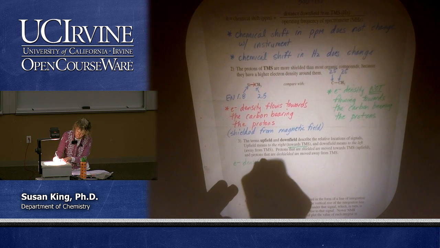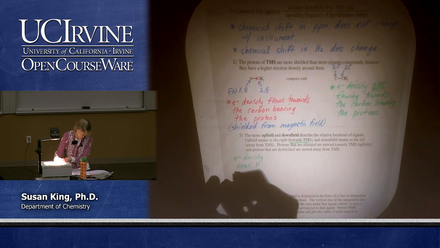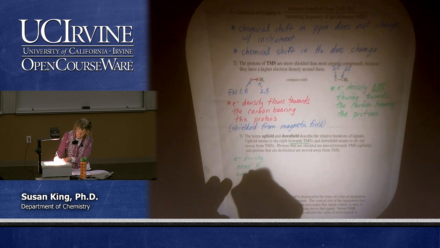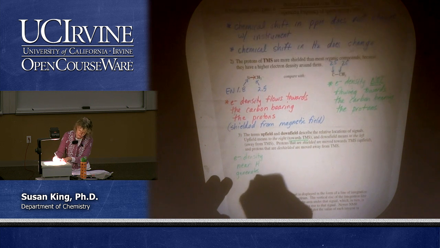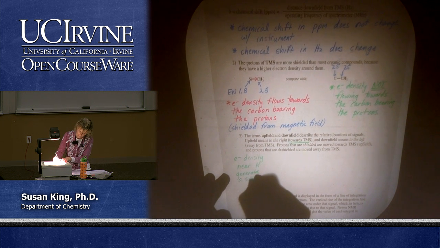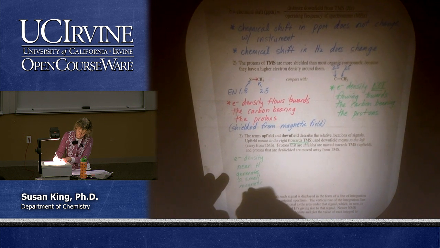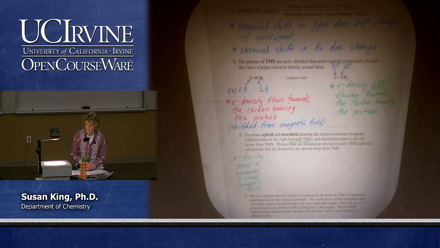Electron density near a proton, we'll just write hydrogen, generates a small magnetic field. So electron density near the hydrogen generates a small magnetic field.